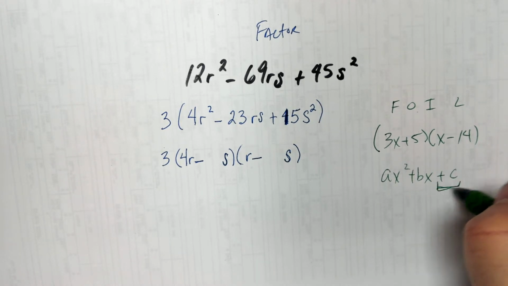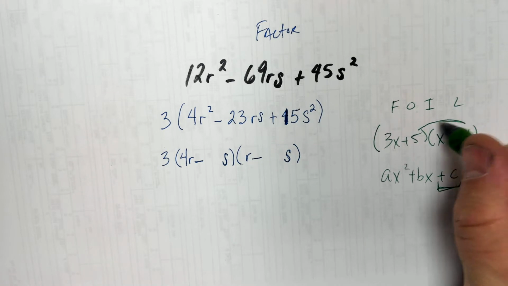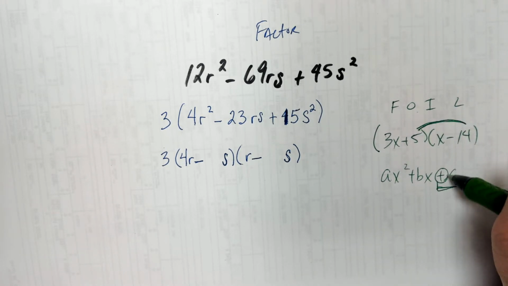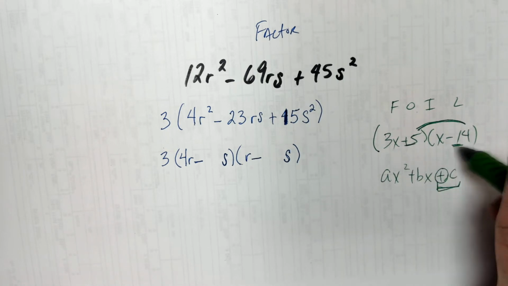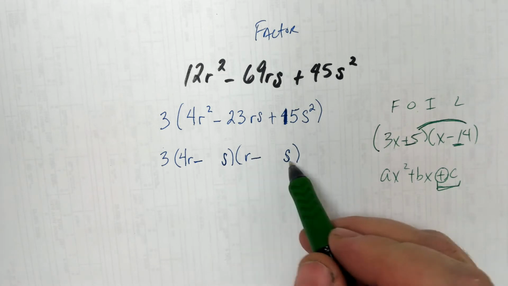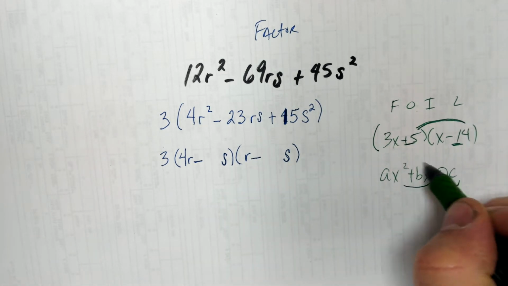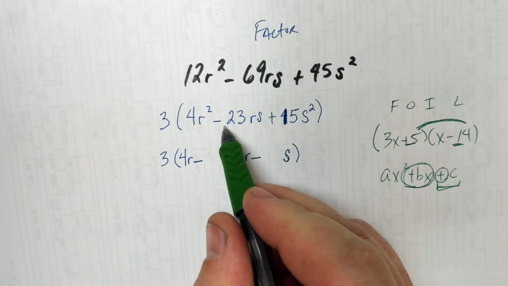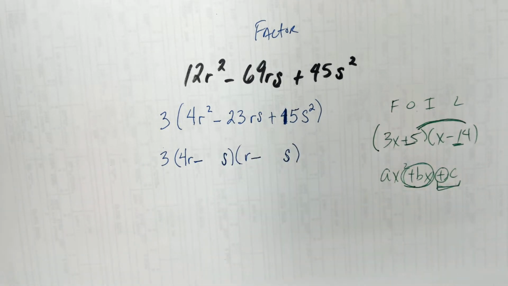This number right here comes from the last two multiplied. So if this was a positive, that means that these numbers have the same sign. It's positive. They have to have the same sign. But they add up to make this one. If they're the same sign and they add up to make a negative, then they're both negative. You see now? Yeah. Okay.